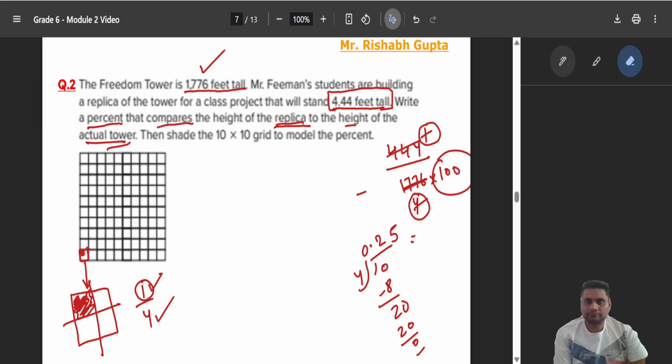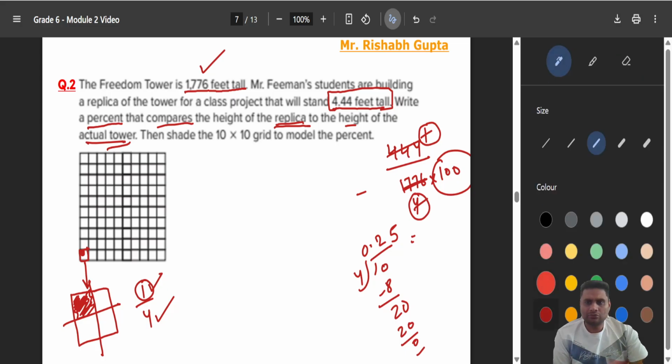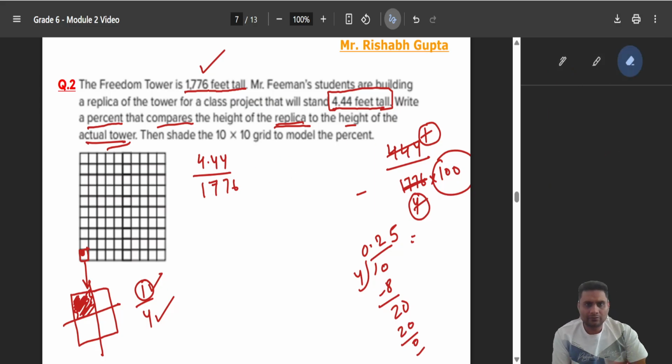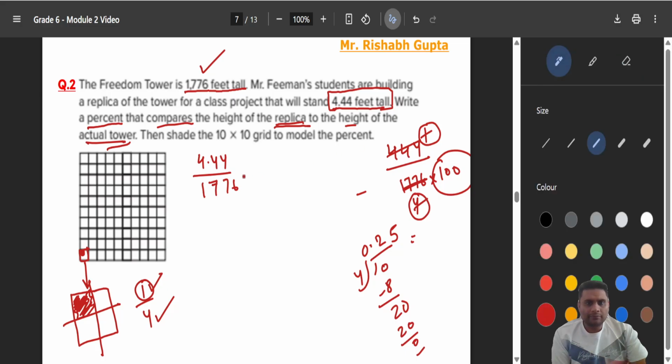See, what did we do here? We had the replica, which was 4.44, and the actual was 1776, correct? Now simply I don't want the decimal, so I checked after the decimal there are 2 numbers, so I put 2 zeros down.